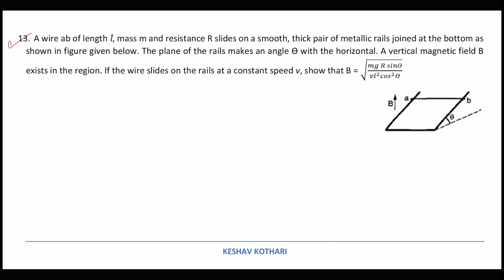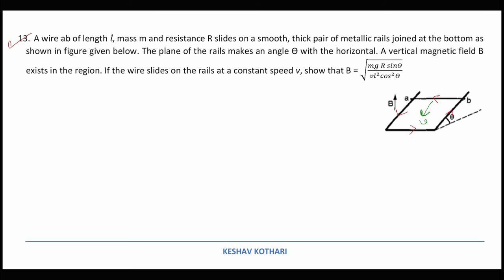So if we are considering this particular problem, we consider that the wire is moving down or sliding with a velocity v. If it is sliding with a velocity v, then the current is induced in this direction in this conductor and in this rail like this.